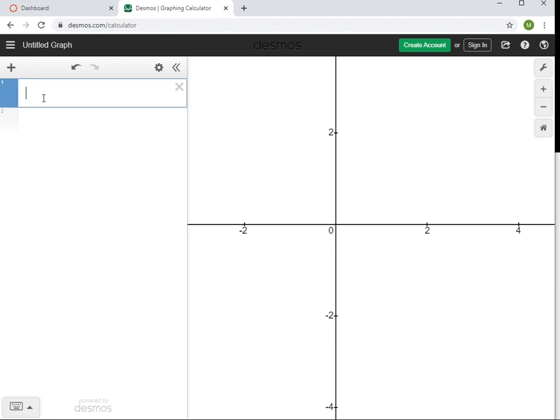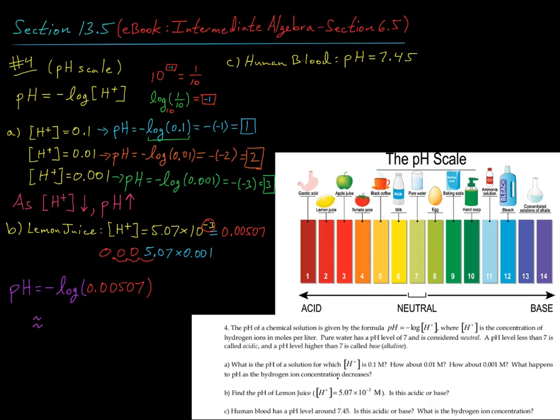So we want the opposite of the log of 0.00507, and I get about 2.295. So about 2.295 is our pH level for lemon juice. You can see that's consistent with what we're seeing here. Of course, they're saying it's around 2. Okay, cool. That's great. And then lastly, C, it says human blood has a pH level around 7.45.